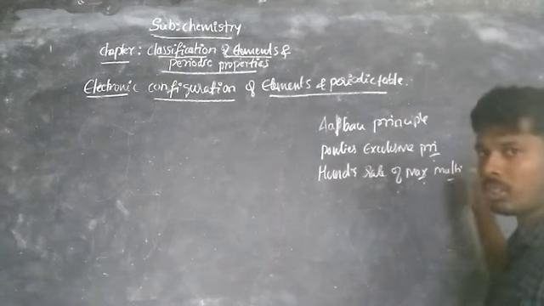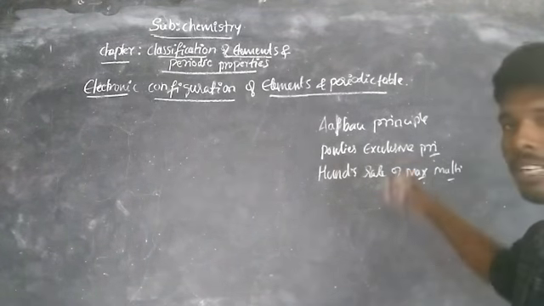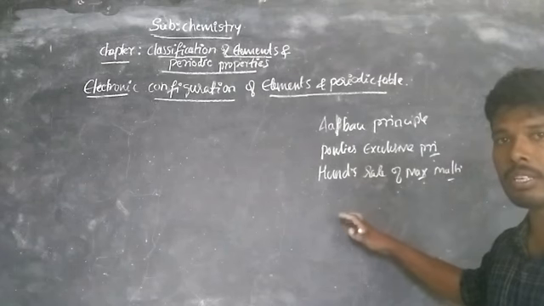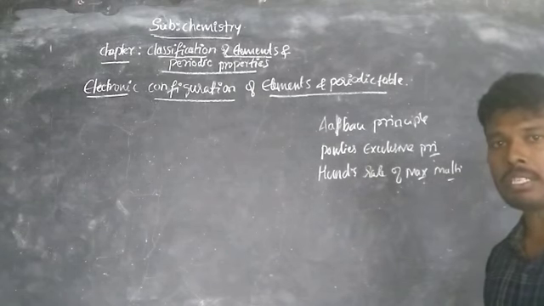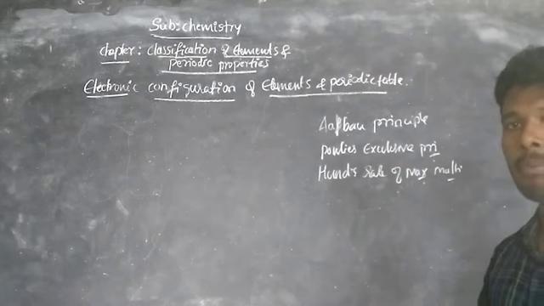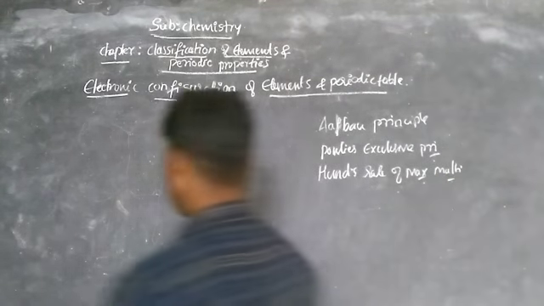You know the definition of these 3 rules. By knowing these rules, we fill the electrons in different orbitals by their increasing order of energy.